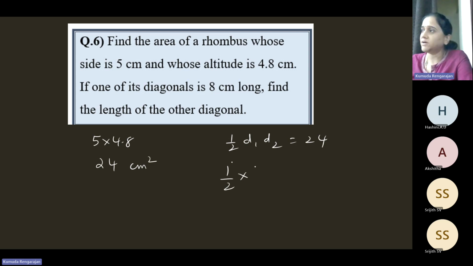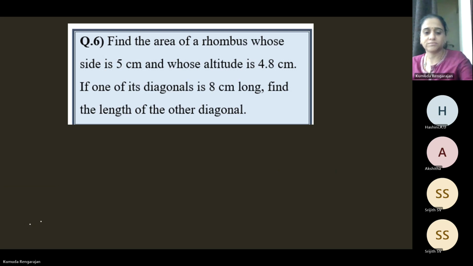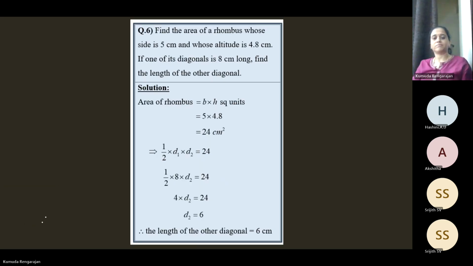Half into D1, which is 8, into D2 is equal to 24. So 2 fours are 8, D2 is equal to 24 by 4, which is 6 centimeter.